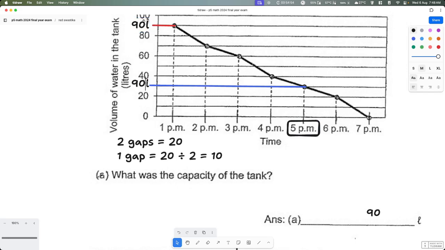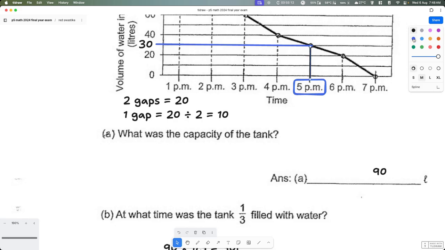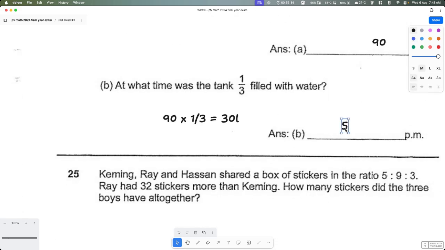Okay, like this. 30. So that means it's 5 p.m. It's not a number, it's a time. Sir, it's time. So the answer to this is 5 p.m. Okay, and I'm gonna put this like this. Okay, so it's 5 p.m., sir.